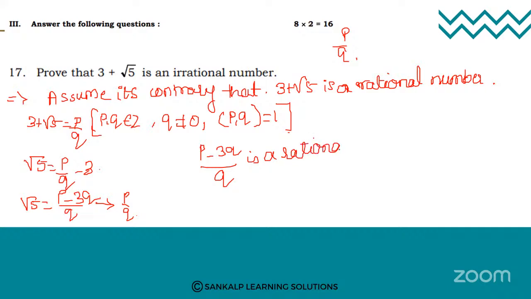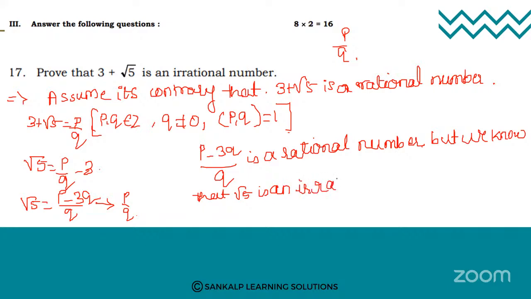But we know that root 5 is an irrational number. Therefore, our assumption is wrong.